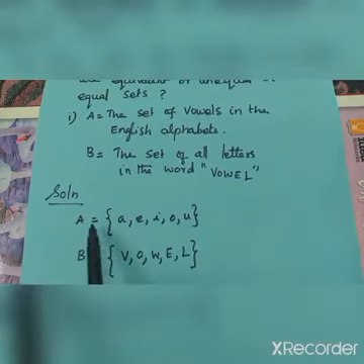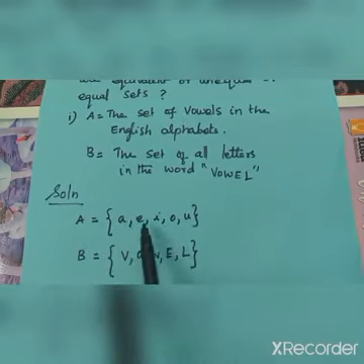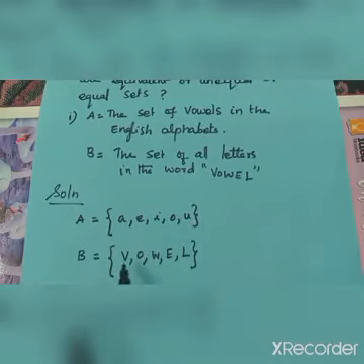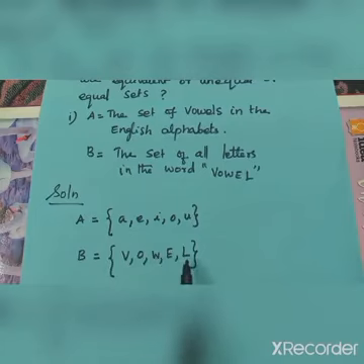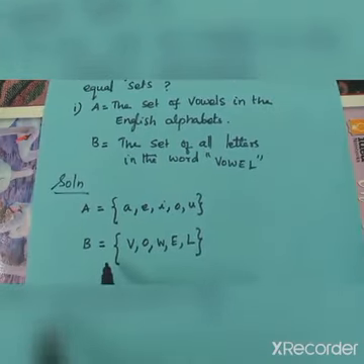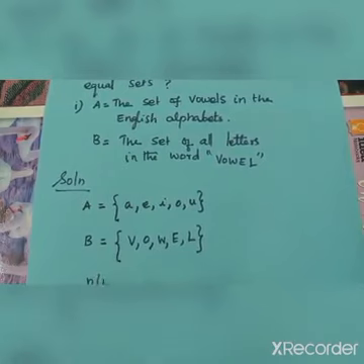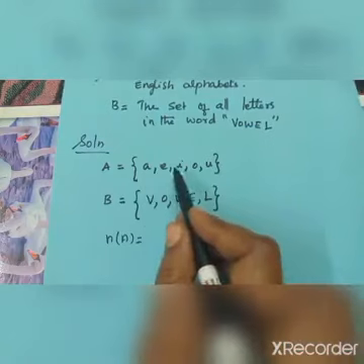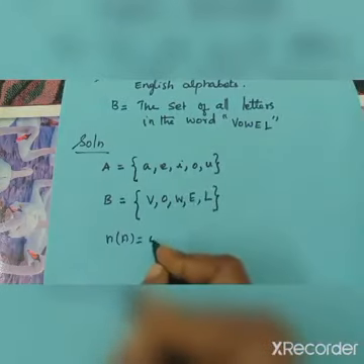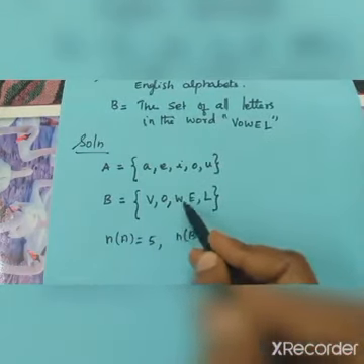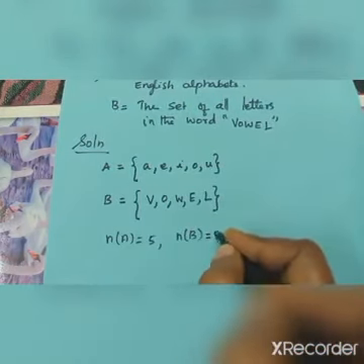Here the set A has 5 elements: 1, 2, 3, 4, 5. Similarly, the set B also has 1, 2, 3, 4, 5 elements. So both sets A and B can be said to be equivalent sets. Let us write the number of elements in the set A, that is n of A equal to 5, comma, n of B is equal to 5.